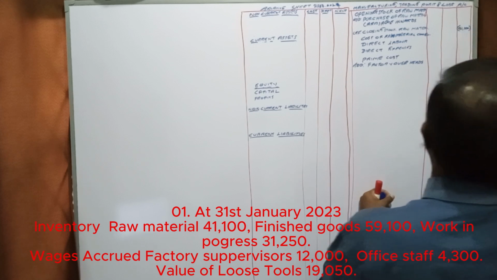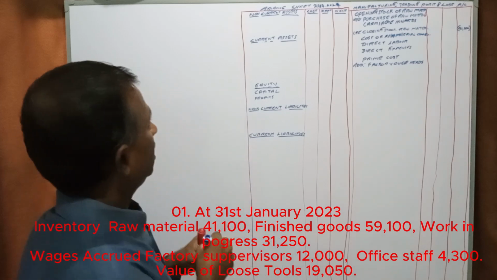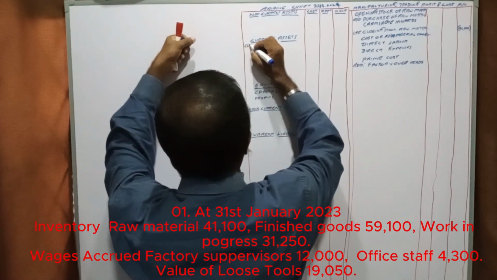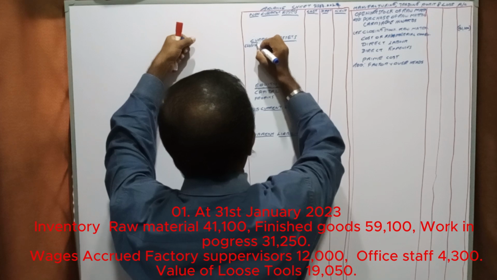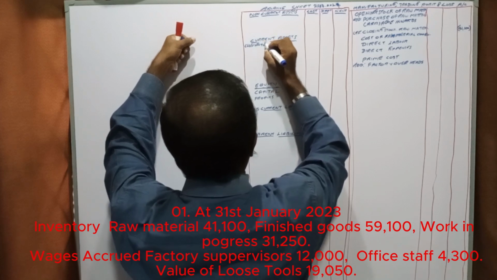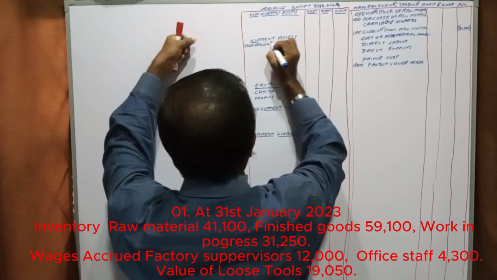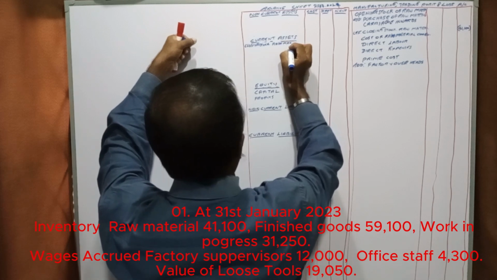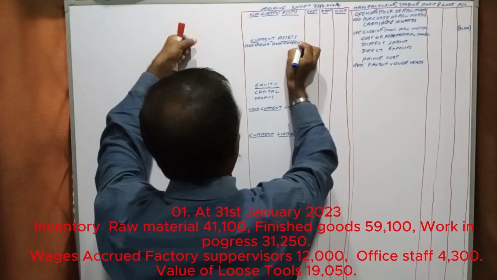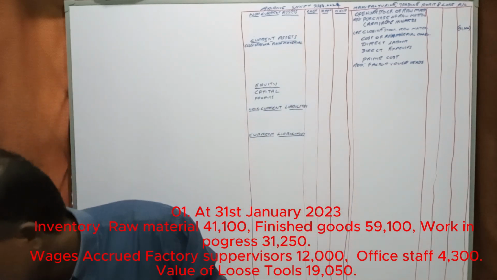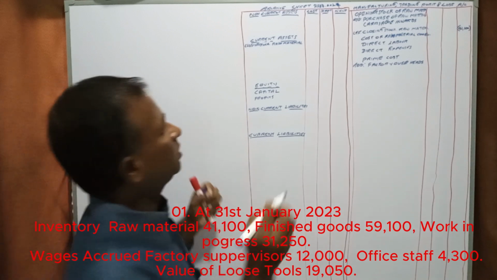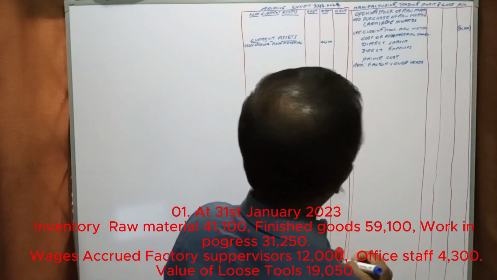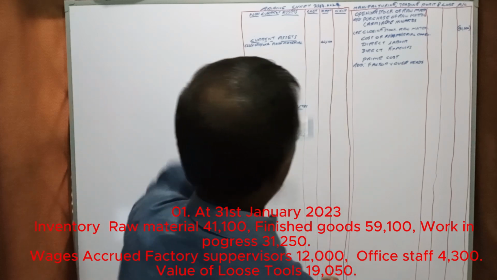This has to be deducted. And under the current assets, we had the closing stocks, raw material, 41,100. So the double entry has gone for the raw material.